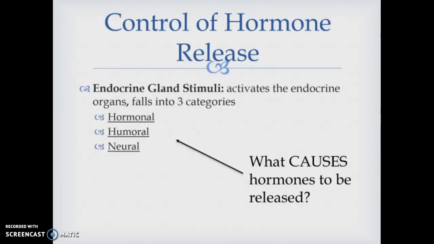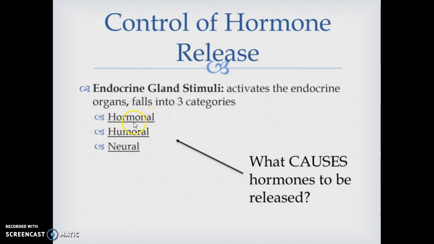This slide you do have in your handout. This one is also under the large picture of the second messenger system. So, endocrine gland stimuli. What is actually stimulating the endocrine glands to release their hormones? This happens from one of three things.